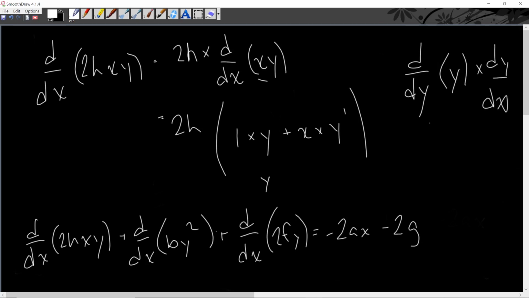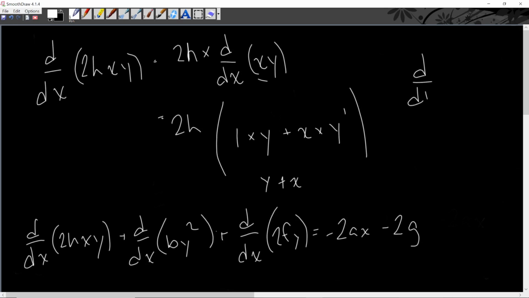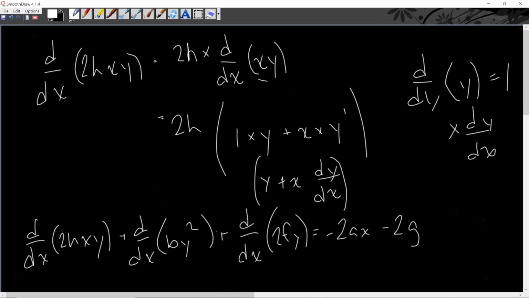We're trying to do the derivative with respect to x of y, so we're going to have to use chain rule to implicitly differentiate right there, and we'd have y plus x times y prime. So if we were to do the derivative with respect to y of y, we would just get 1, and then times dy dx. So we'd have x dy dx, and again, don't forget we did have that constant 2h.